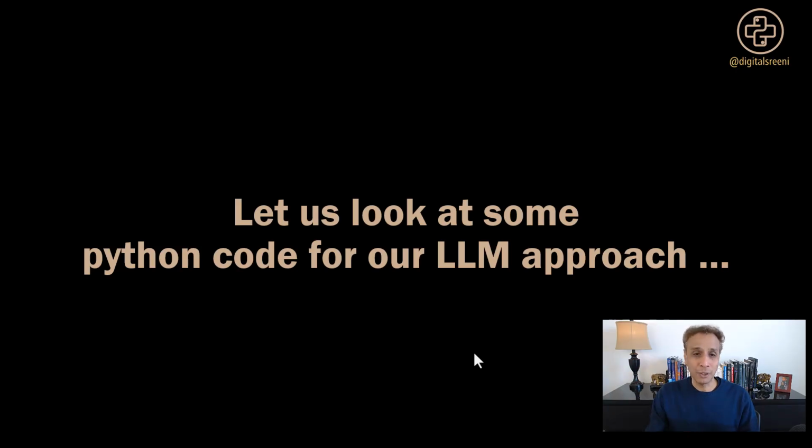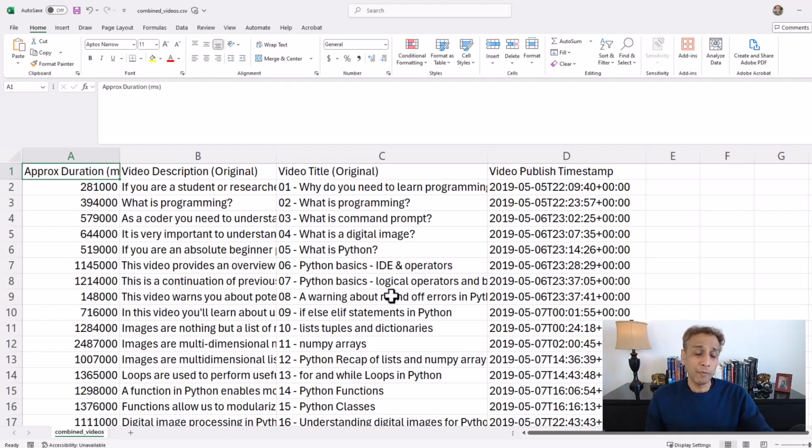So let's jump into the code. Okay, before jumping into the code, let's have a quick look at the CSV file that we are using as input, and it contains information about all 450-ish videos from my YouTube channel. The first column shows the approximate duration in milliseconds that we will convert to minutes as soon as we import the data into our code.